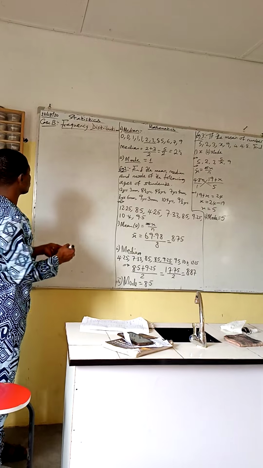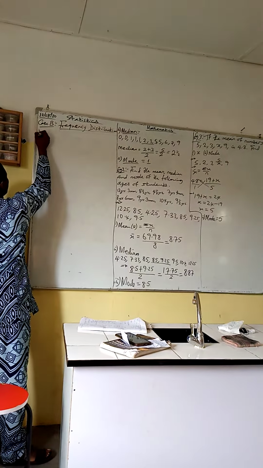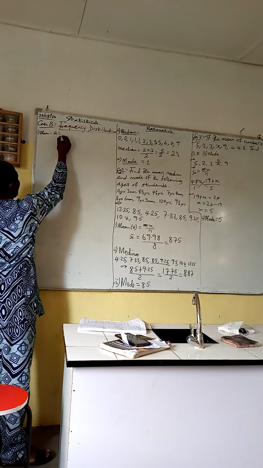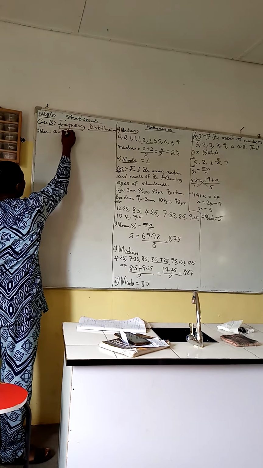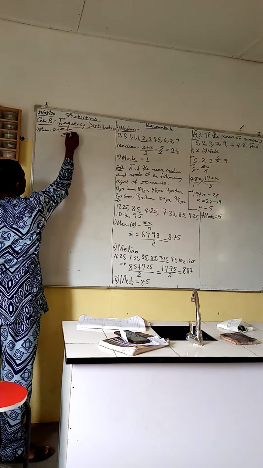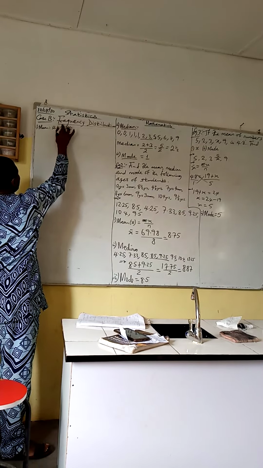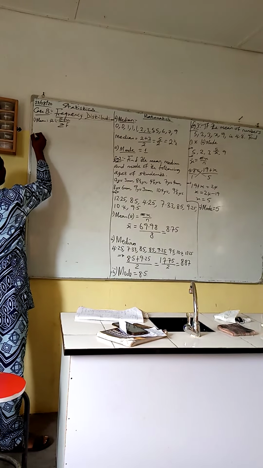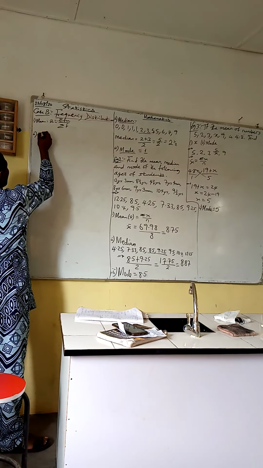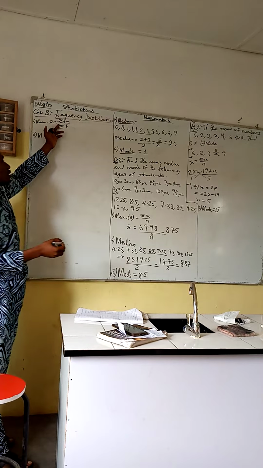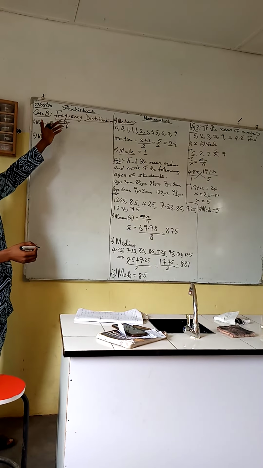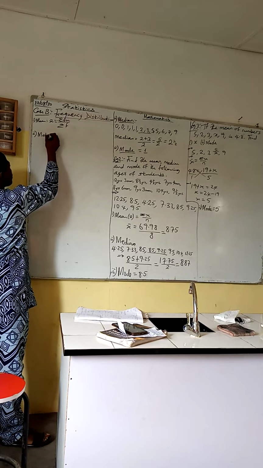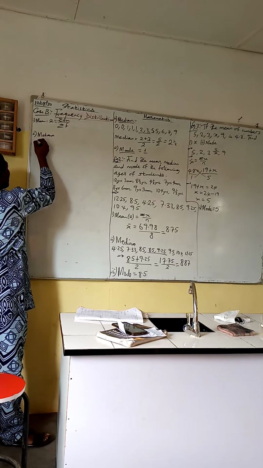We are still in measures of position or central tendency. Now, in frequency distribution, just note that the first one, our mean, has the formula: mean equals summation fx over summation f. Summation means addition. For our median, we first find what we call m bar.